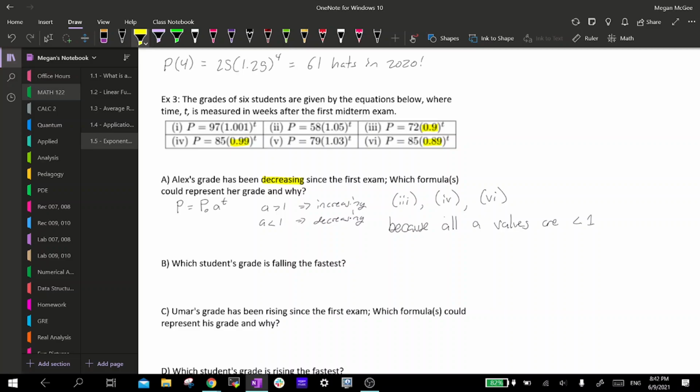If it's super close to 1, then it's decreasing, but not by a lot. And if it's an even tinier number, then it's decreasing faster. So we're looking for the smallest A value, which in this case would be student number 6.